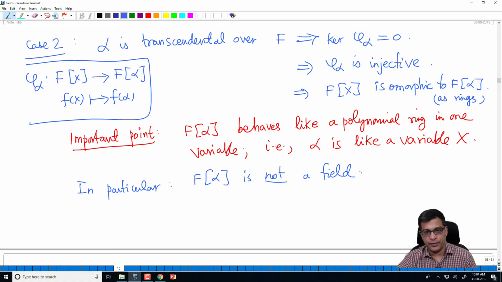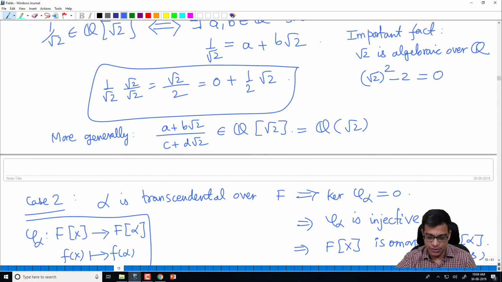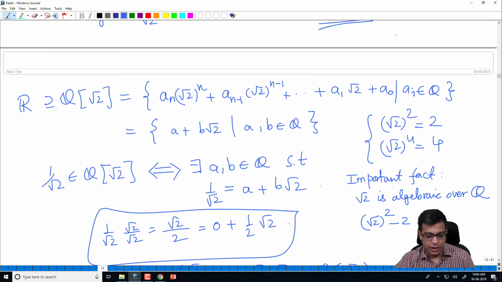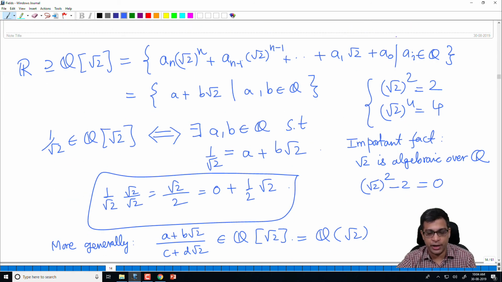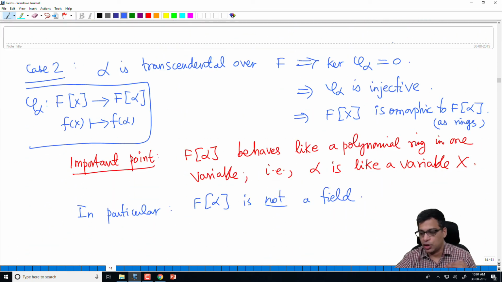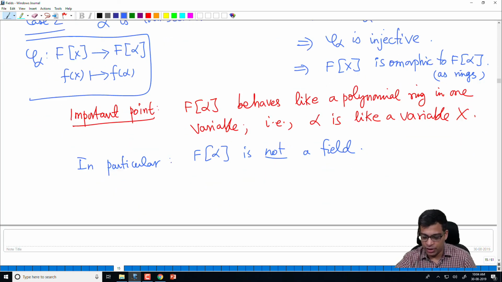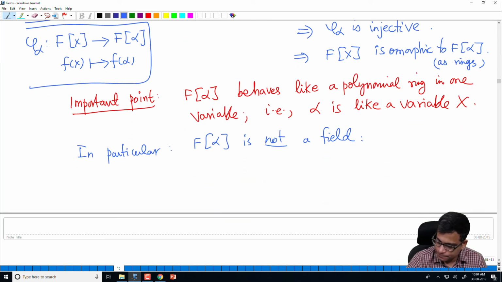This is the crucial difference between algebraic and transcendental elements. If root 2 is algebraic, root 2 has an inverse in the polynomial ring Q[root 2]. But if alpha is not algebraic, alpha doesn't have a multiplicative inverse in F[alpha].